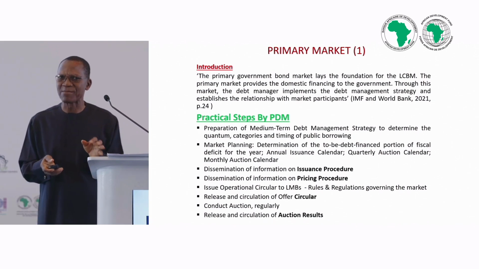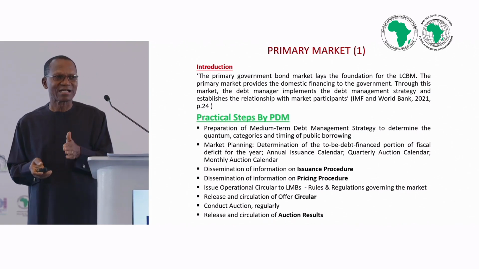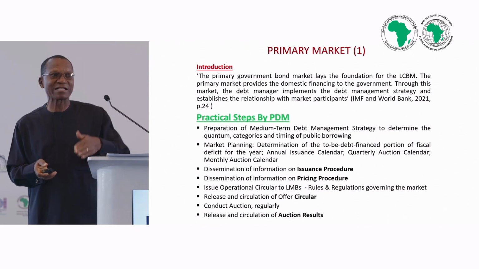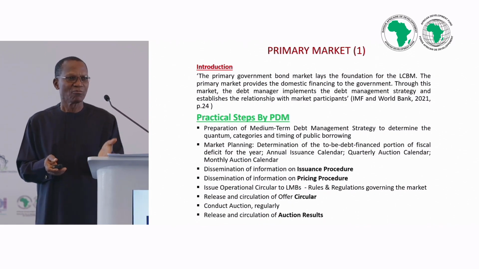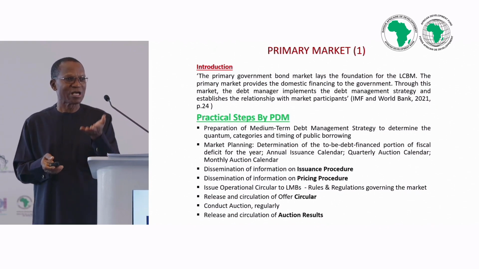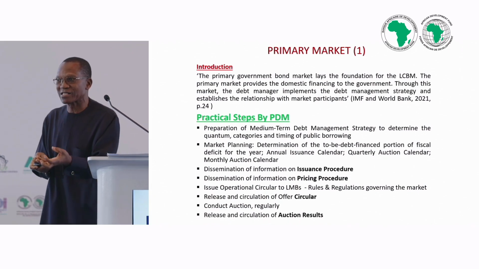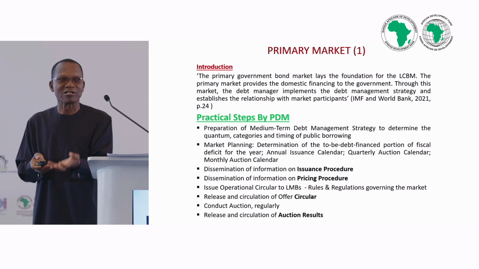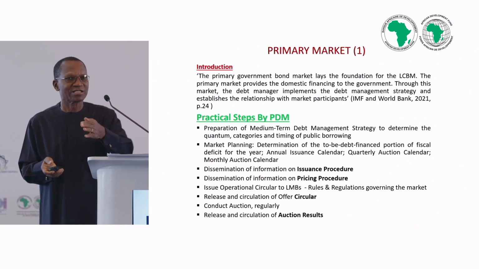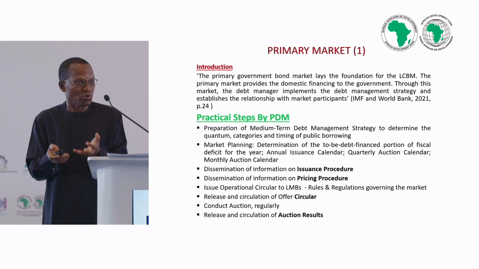At this time, I'm sure the DMO will have also mentioned the type of pricing system to use, that it will be marginal pricing, for example, whereby each bank will say what quantity it wants at what price. And of course, when you want to allocate, you start allocating from the one with the lowest price, the one asking for the lowest coupon, and continue building until you have gotten all the amounts you want.